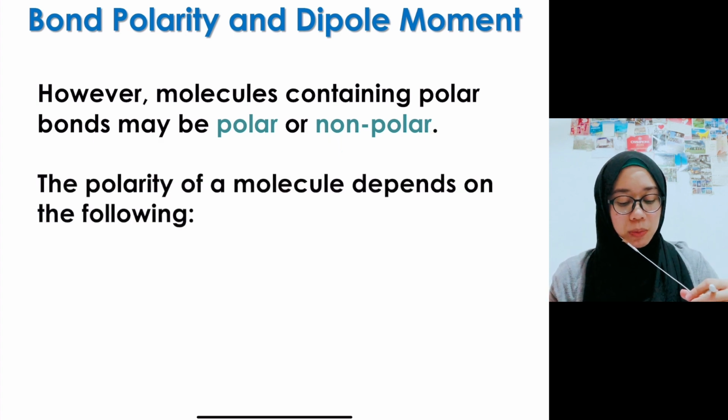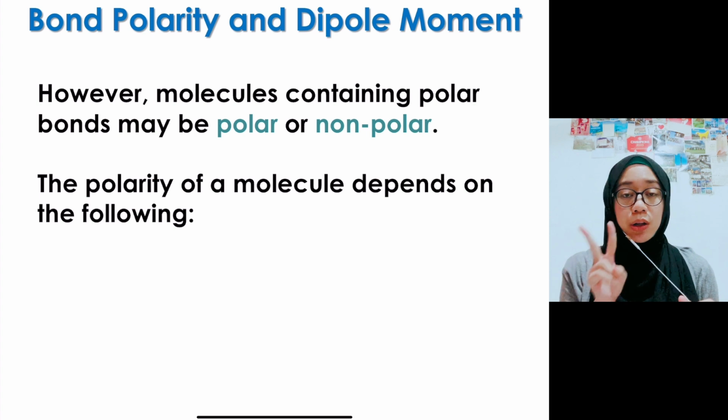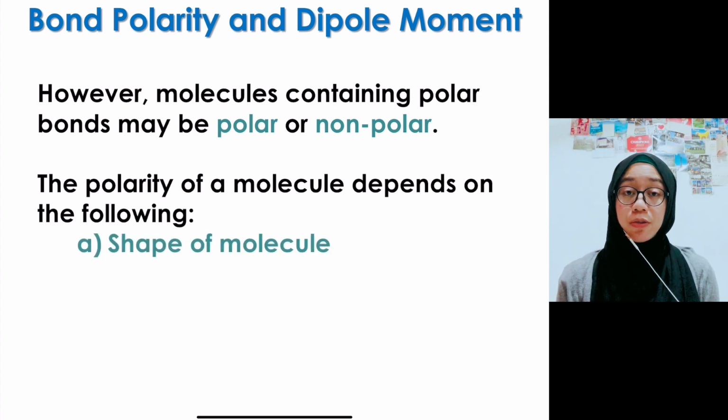Okay, so the polarity of a molecule depends on two things. The first one is the shape of the molecule.